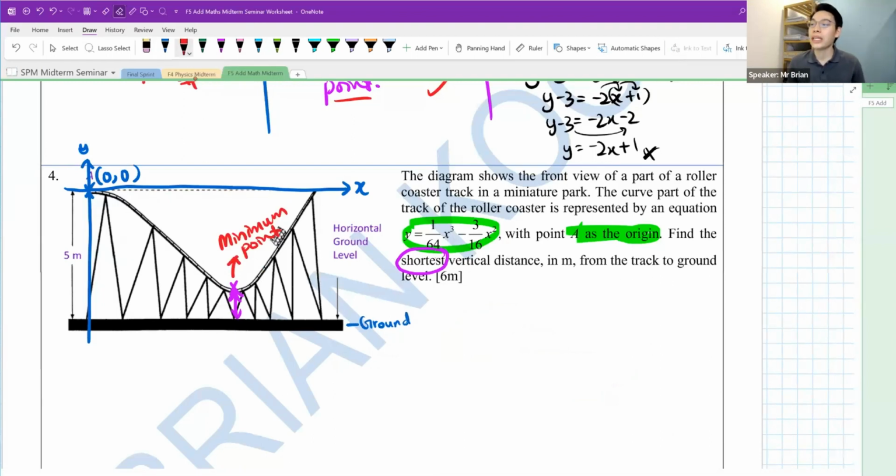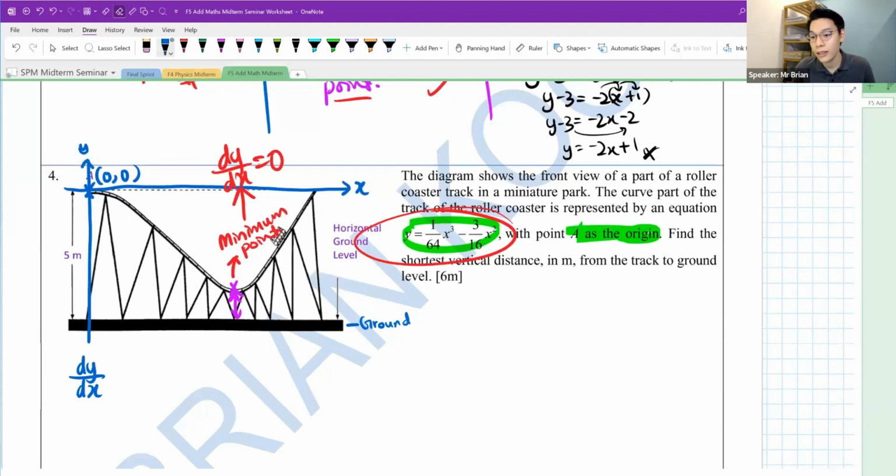So I want to find out the minimum point of the curve. Yes, okay. So we are going to do dy/dx for the curve, and then we are going to equate it to 0. I have a very clear direction because of the keyword. Okay, dy/dx equals 0. So I'm going to take the power and times.